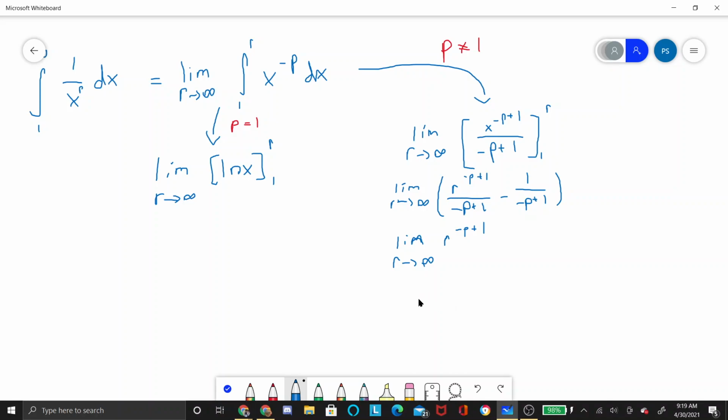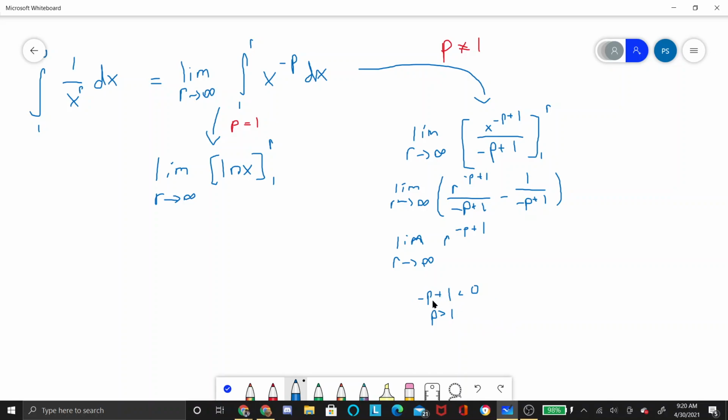So finally, we've come here to negative p plus 1 has to be less than 0. If it's less than 0, we'll find the terms for when this is convergent. So if we do the algebra, we'll just figure out that p has to be greater than 1.